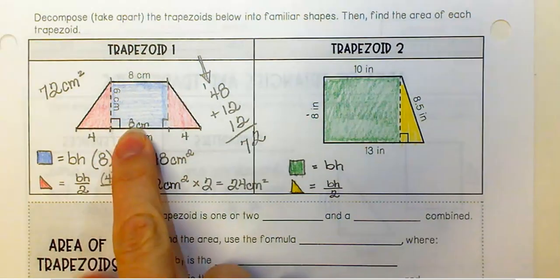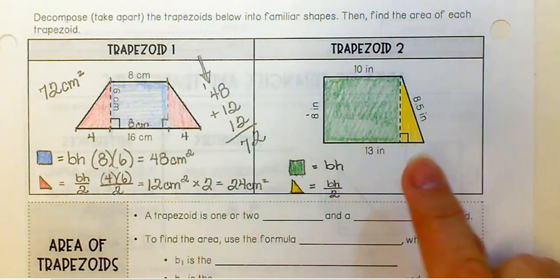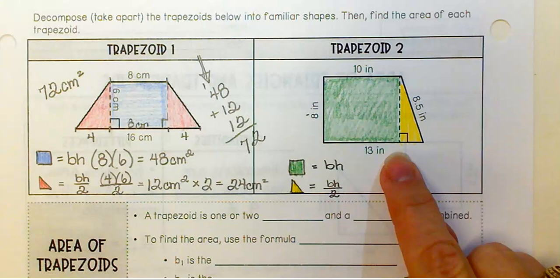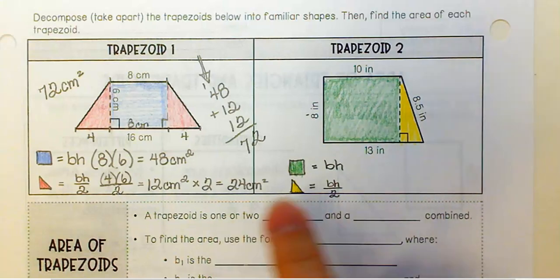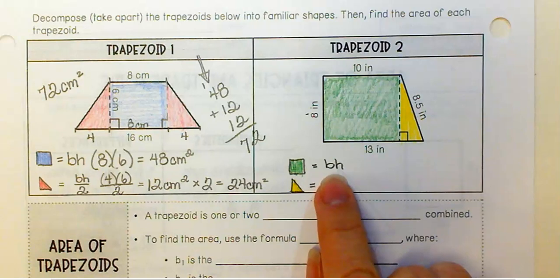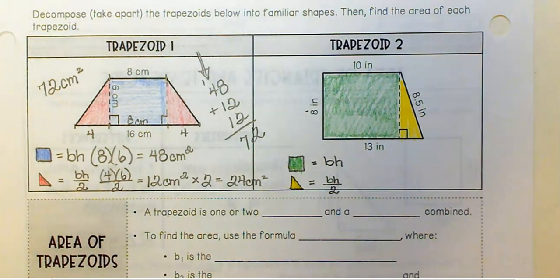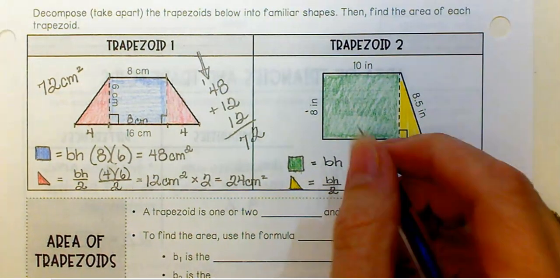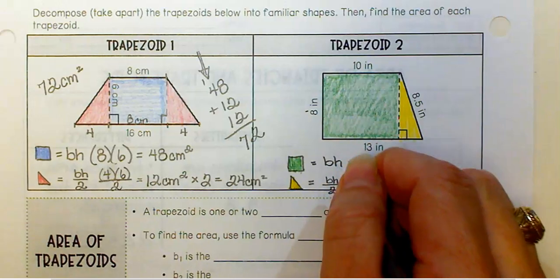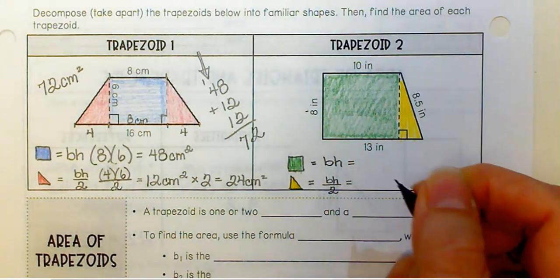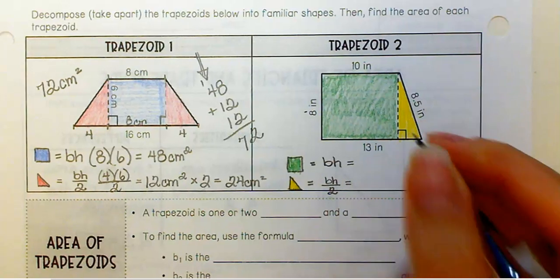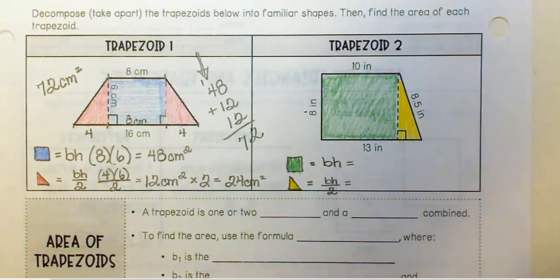So over here, I had a rectangle and two triangles. Here, I have a rectangle and just one triangle. We've gone through and determined that the formula for a rectangle is base times height. The formula for a triangle is base times height divided by 2. And so we can find the individual areas of our rectangle and our triangle and add them together to get the area of the trapezoid.